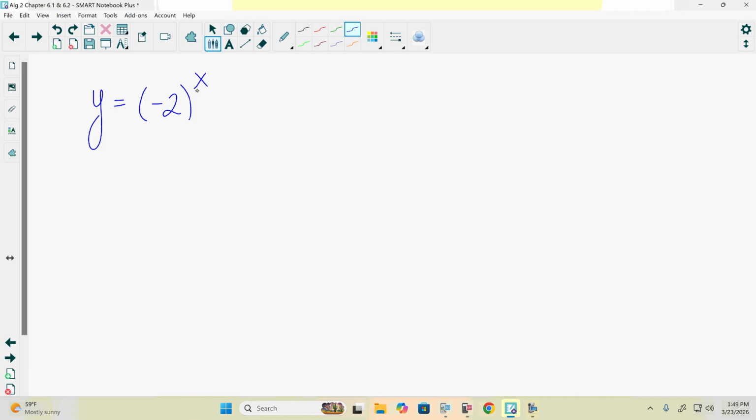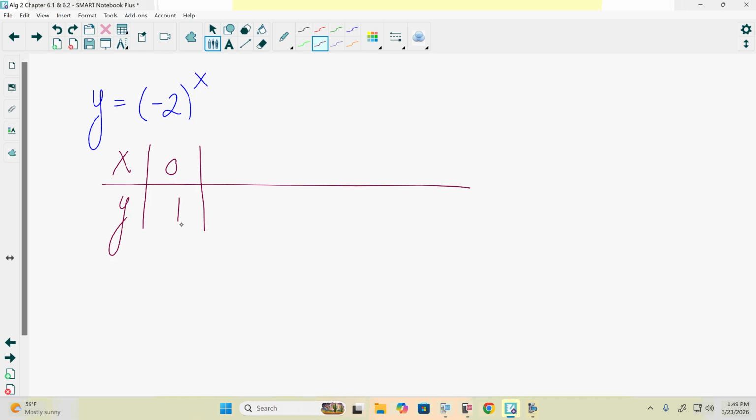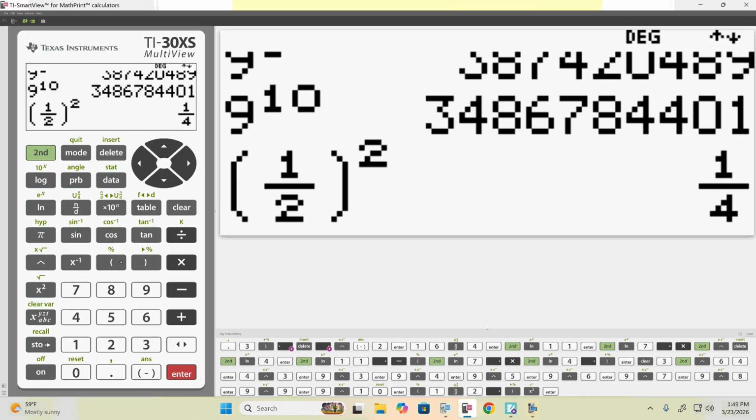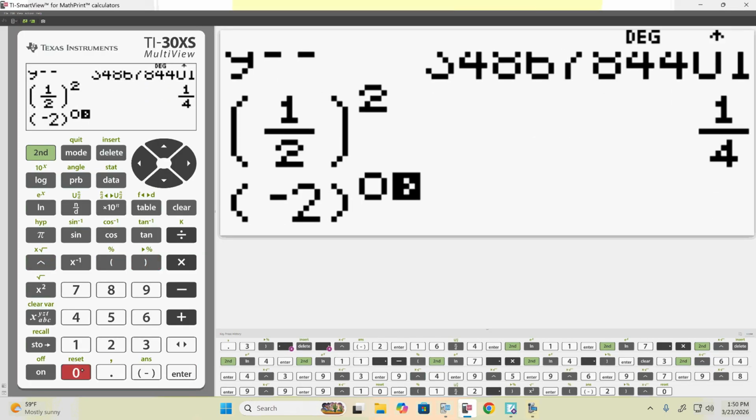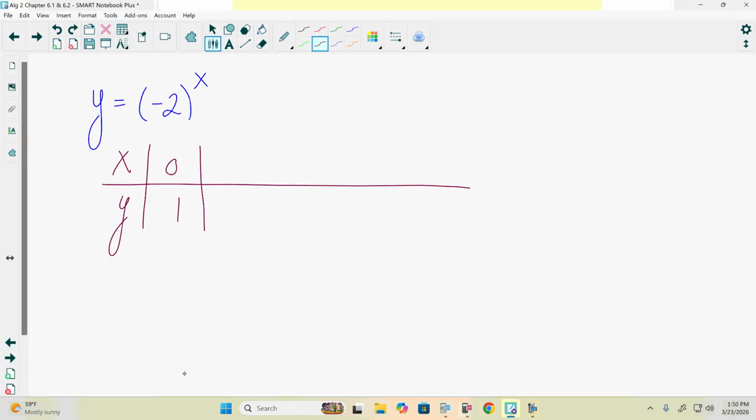Well, the issue is, and once we look at the table, it'll make more sense. Anything to the 0 power is 1 besides 0. So -2 to the 0 is 1. -2 to the first power, well, what did we just do?